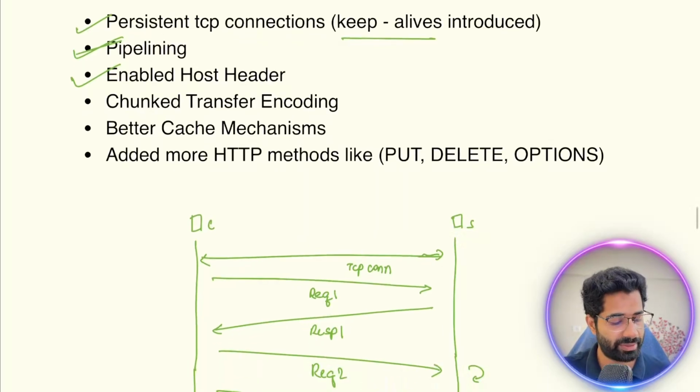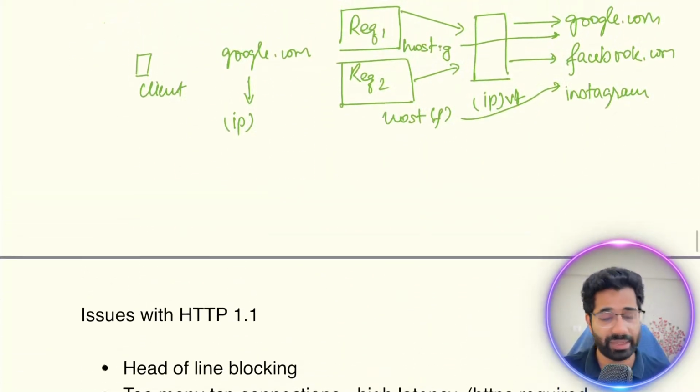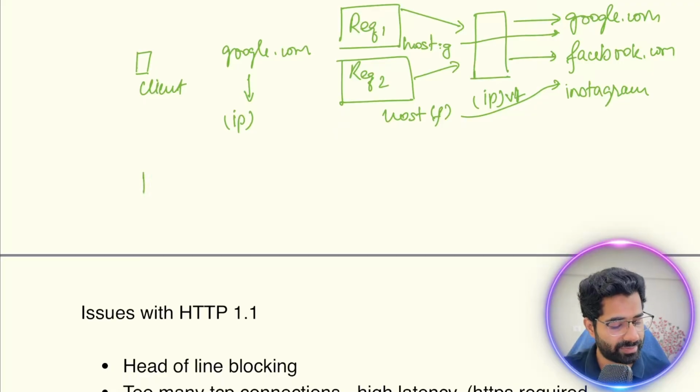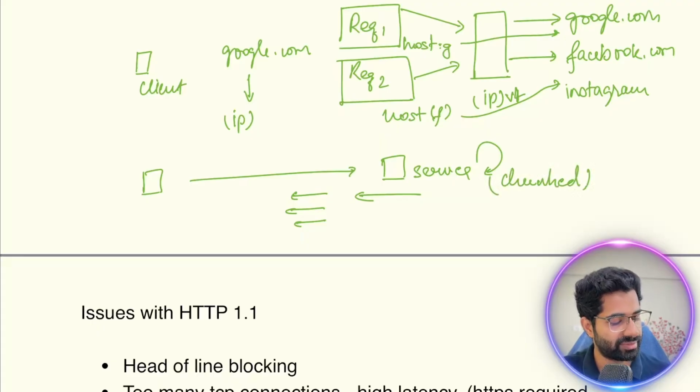It enabled host headers. Also, it enabled chunk transfer encoding. So in chunk transfer encoding, as we discussed in the last video, let's say a client makes a request to the server, and the response is a bigger response, and the server has to generate it. So partially the server can keep sending the chunked responses on the same TCP connection, one by one, and it will just put in the headers that the response type is chunked, and then it will keep on sending the chunked response.